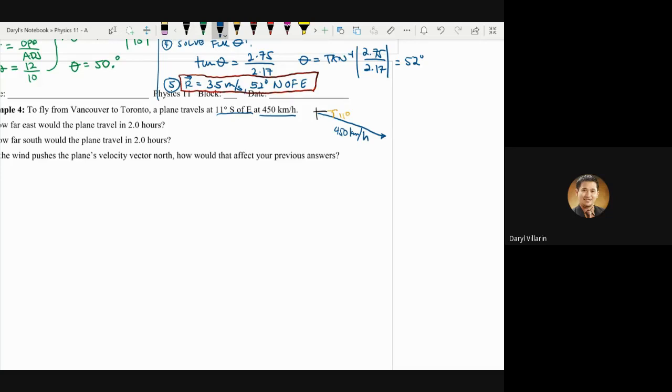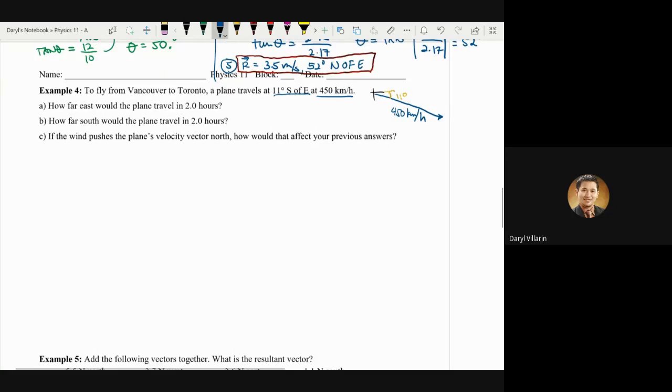So for letter A, we're just being asked how far east the plane would travel in 2 hours. We're given the time t equal to 2.0 hours.